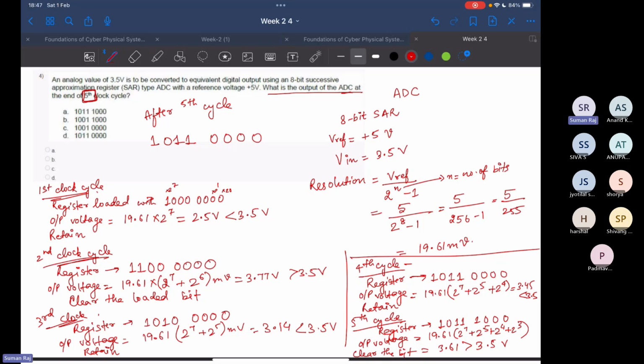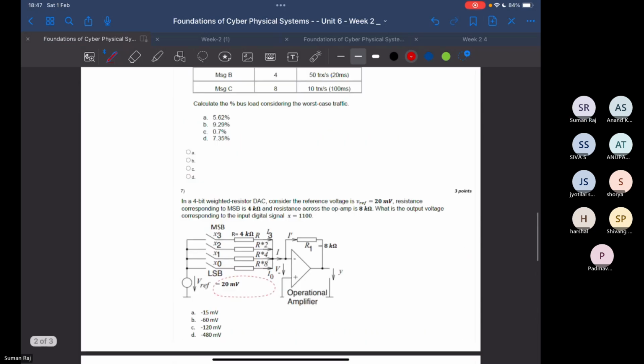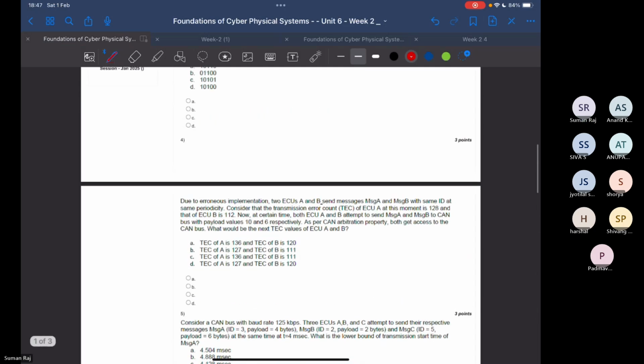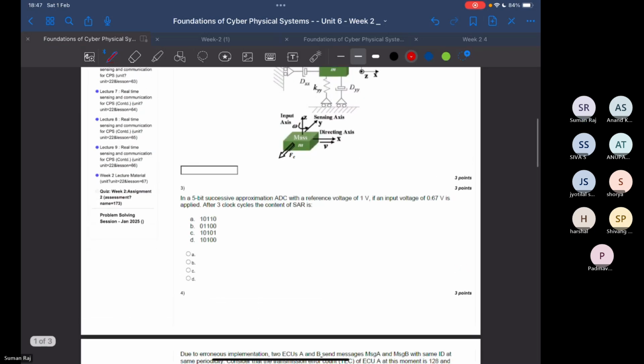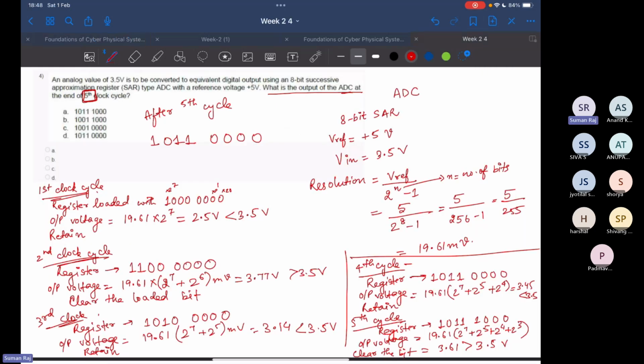So similarly, there is a question over here. You have a reference voltage of 1 volt. You will have your V input as 0.67, and you are always going to compare that. So after the fifth cycle, if you continue, in the register it is going to load 10110100.